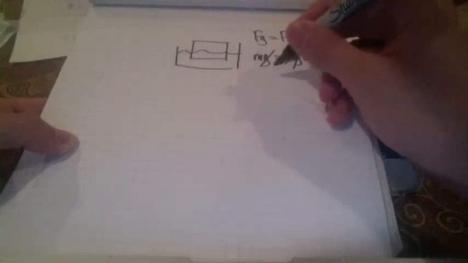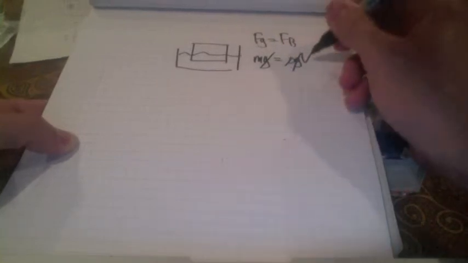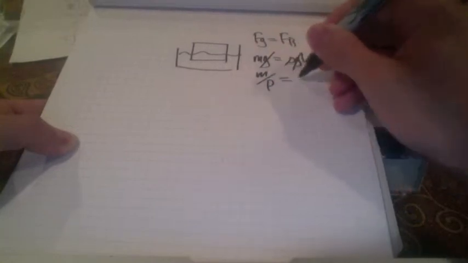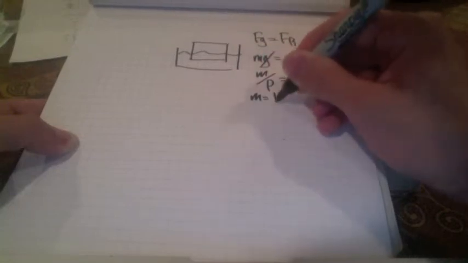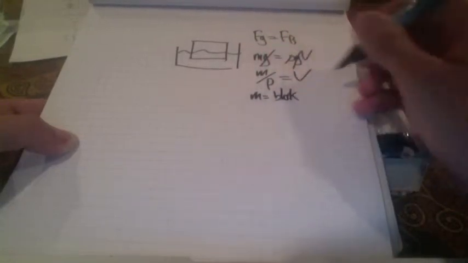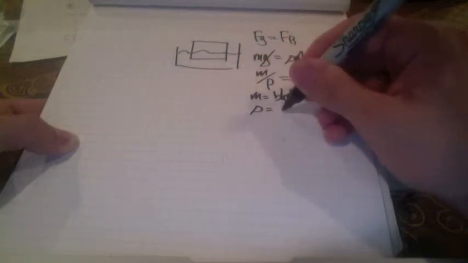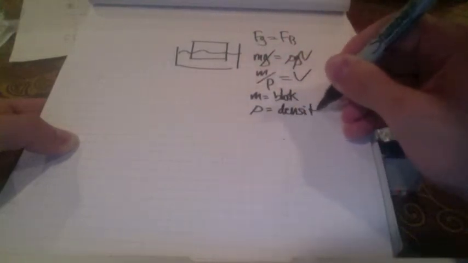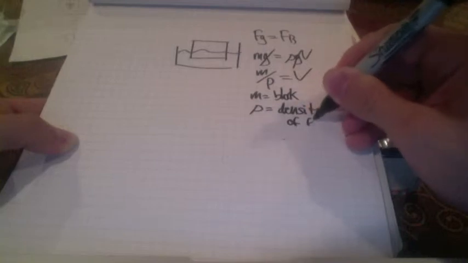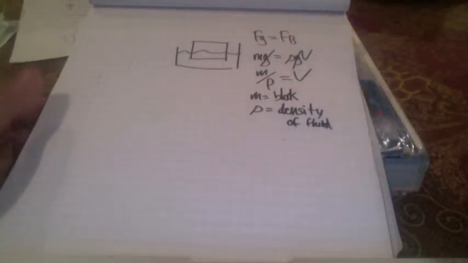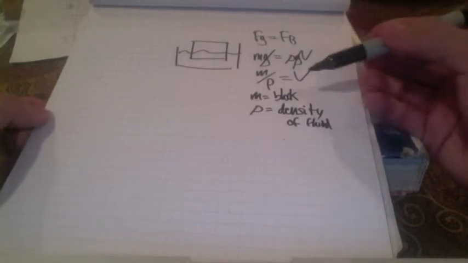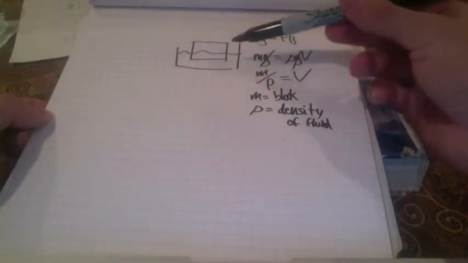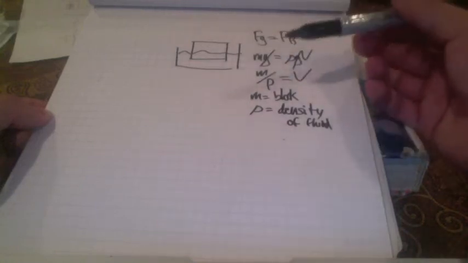Now we're solving for volume, so we have m over rho equals V. This mass is the mass of the block, and the rho is the density of the fluid. So it's a very cool way to see that the volume displaced by the fluid is equal to the mass of the block divided by the density of the liquid.